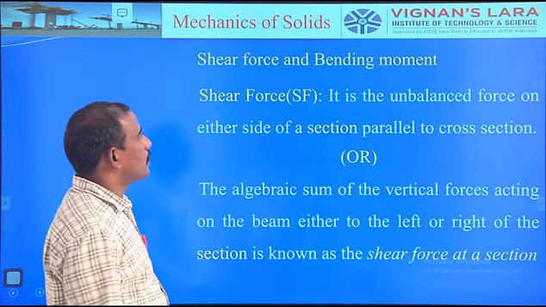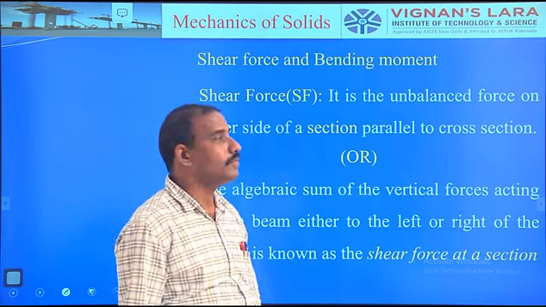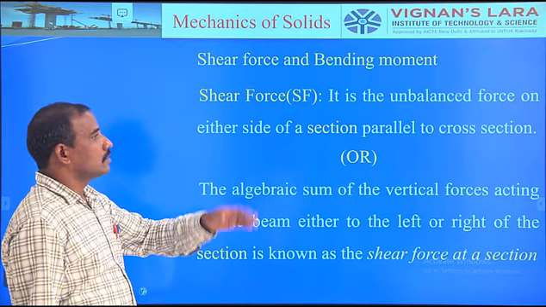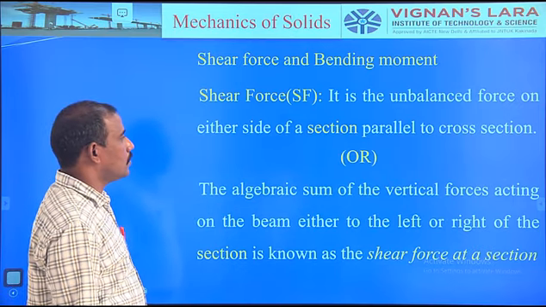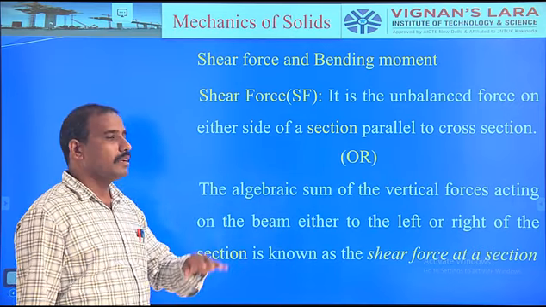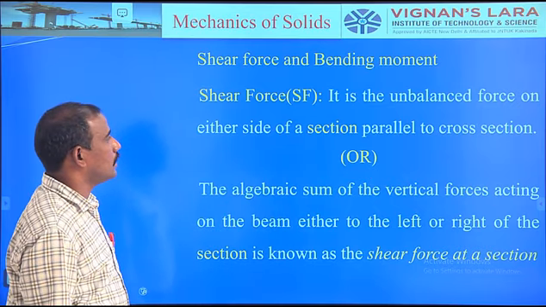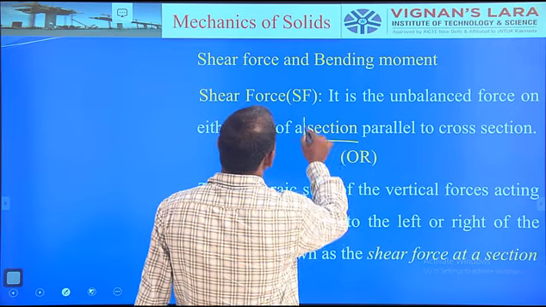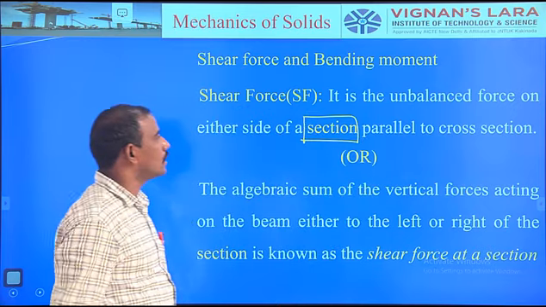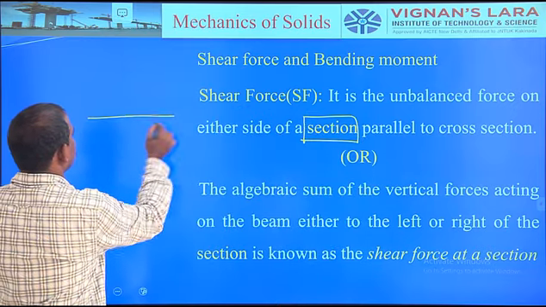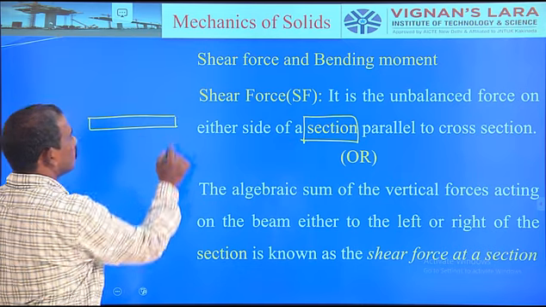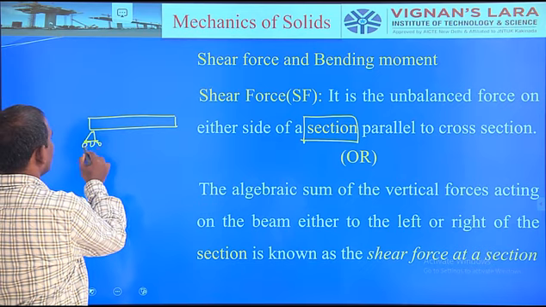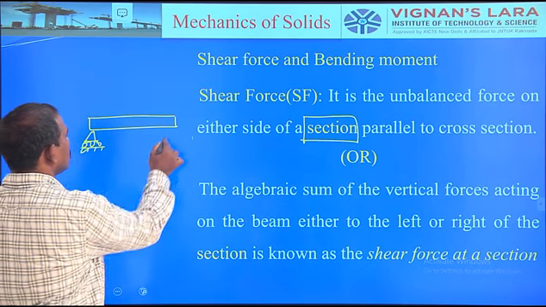Now coming to the next point, shear force and bending moment. As we know, the algebraic summation of the vertical loads on either side of a section is called the shear force. Here a new term is the section. For our convenience, let us see. This is a beam, again a simply supported beam.